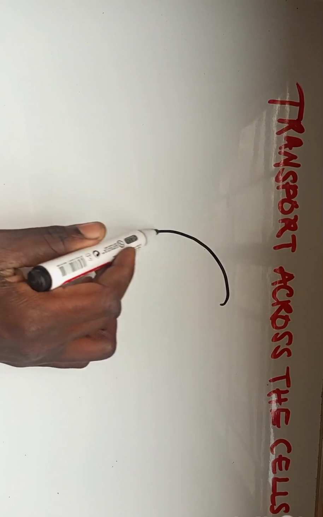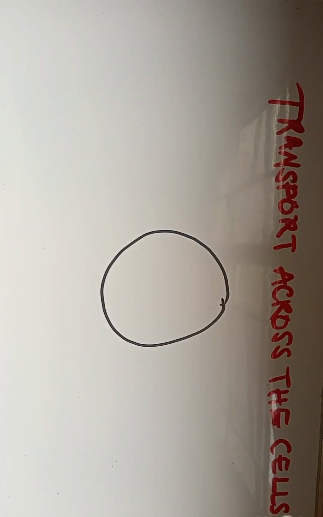So remember that anything which enters the cell, whether it be an animal cell or a plant cell, there is something which happens.